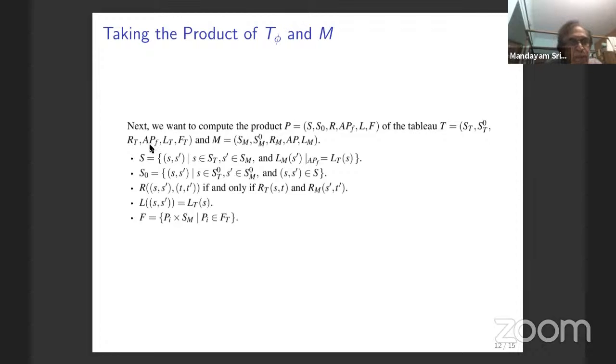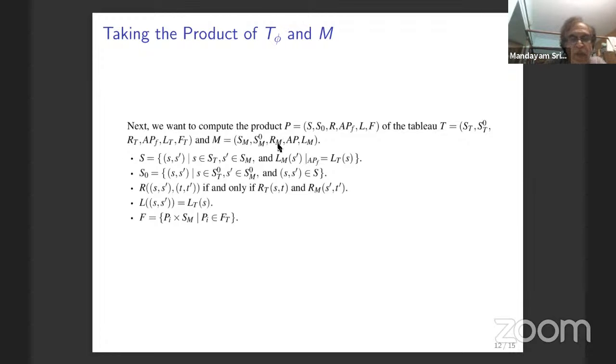Then the AP of that is whatever atomic predicates are in the formula for which you constructed the T. Okay, the AP on the right side of M will include, of course, these AP of F, but it may include other predicate symbols also. That's why I've kept these two things separate.